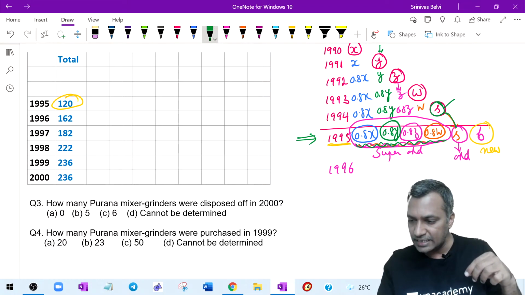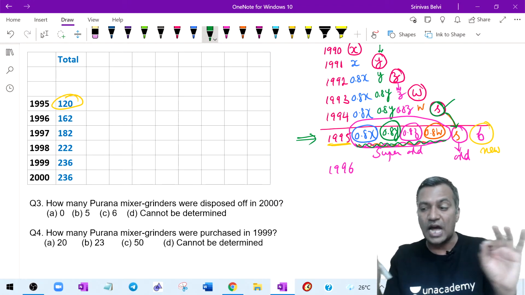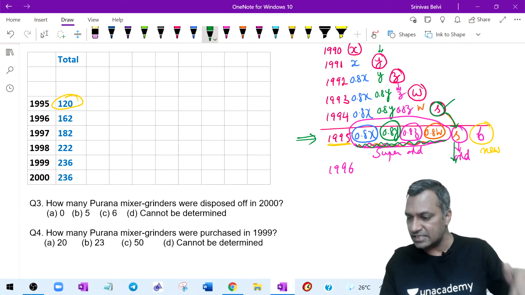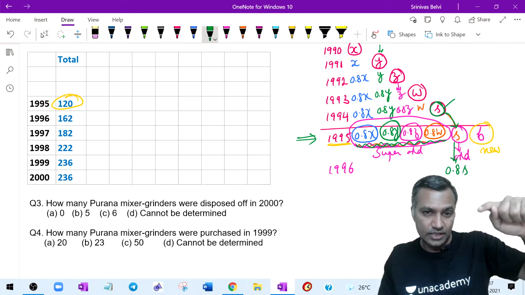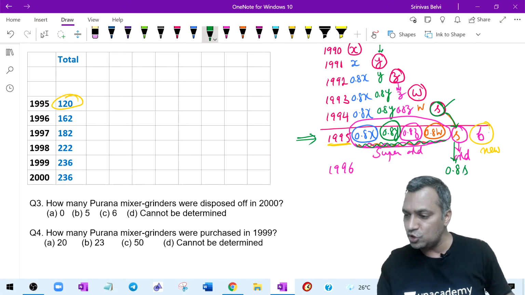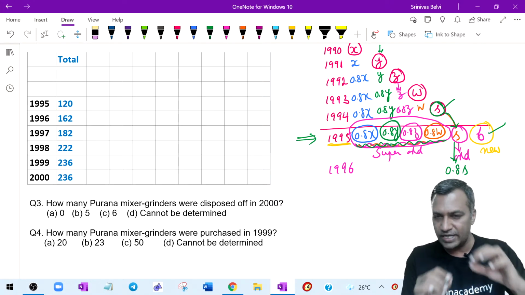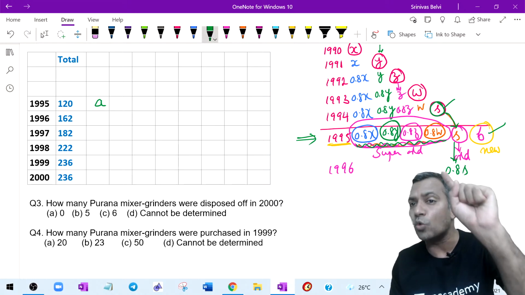When it comes to 1995, it is called old, but not super old. But this S in the subsequent year is going to be 0.8S. Therefore, I'm saying that it is old. The moment it becomes old enough, it will become 0.8S. And also there are some new things, which means three components. When I look at 1995, this 120 is made up of three components. I will say A. What is this A? Super old.